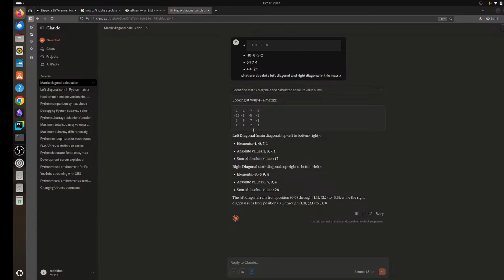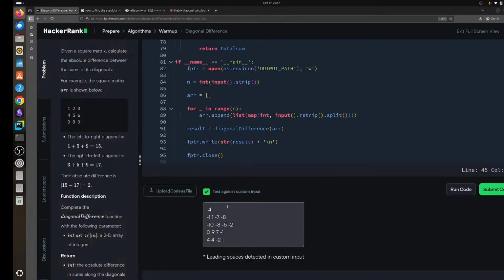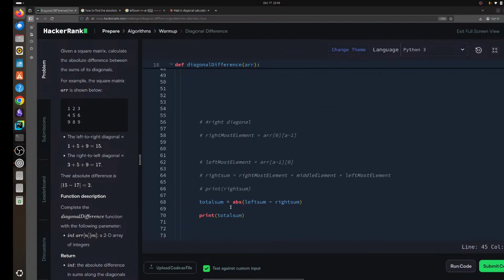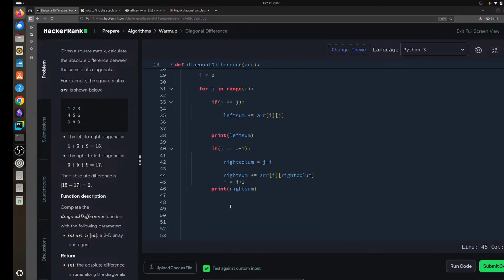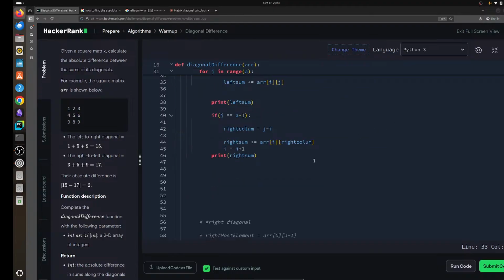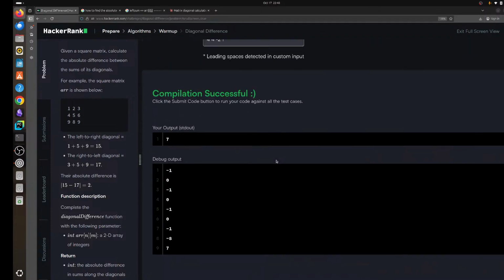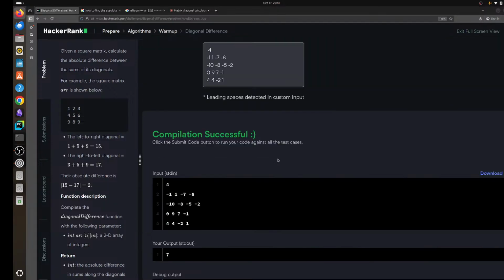This is 3 3, right? First -1 it will print, then 0 it will print.